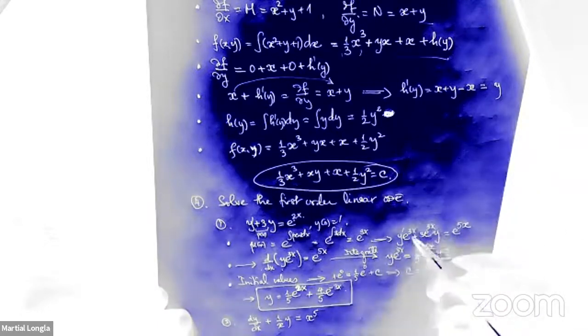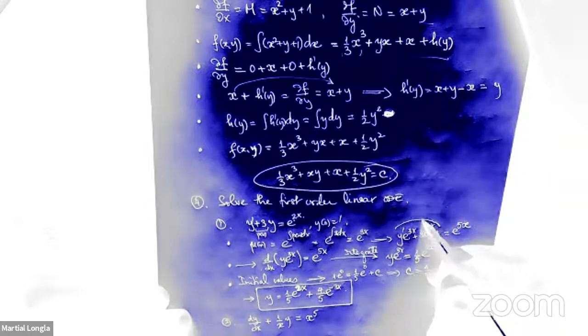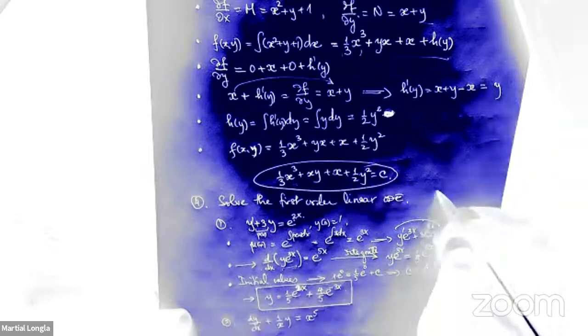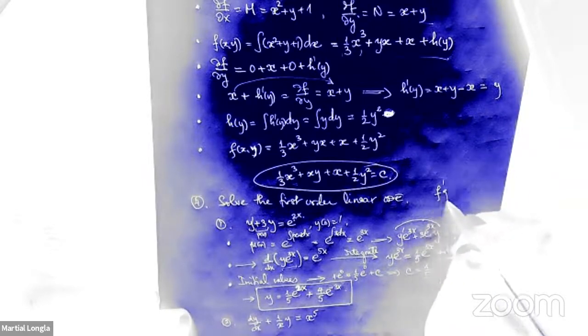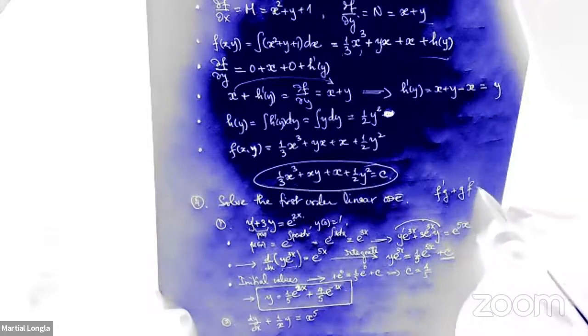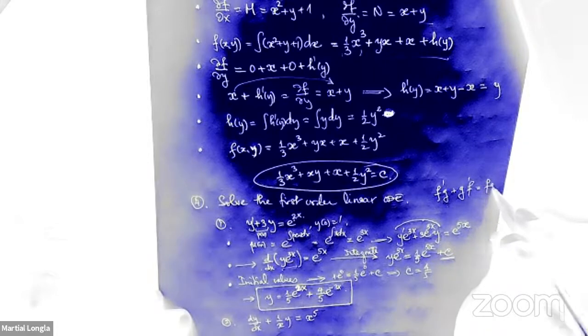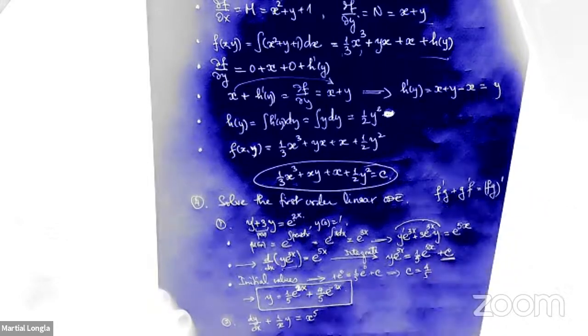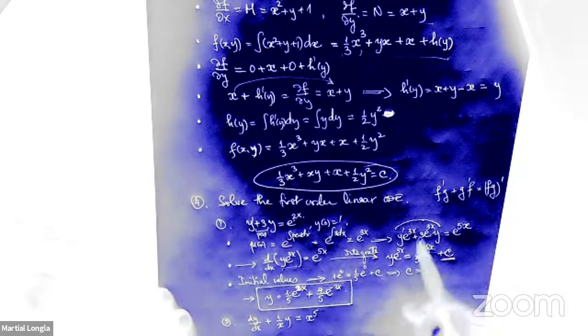This here is the product rule, which is f prime g plus g prime f, which stands for the derivative of f times g. So it's written in this form, and we combine it to write that in that form.